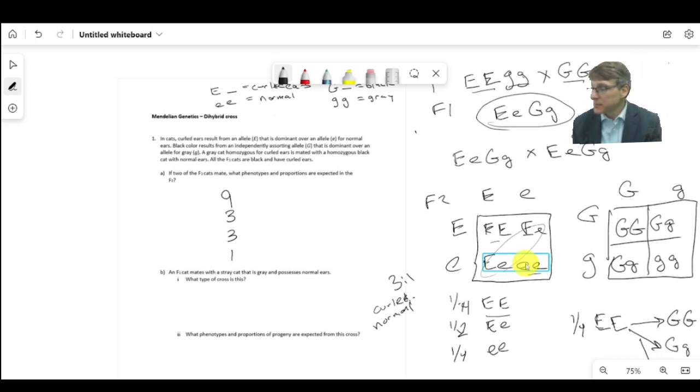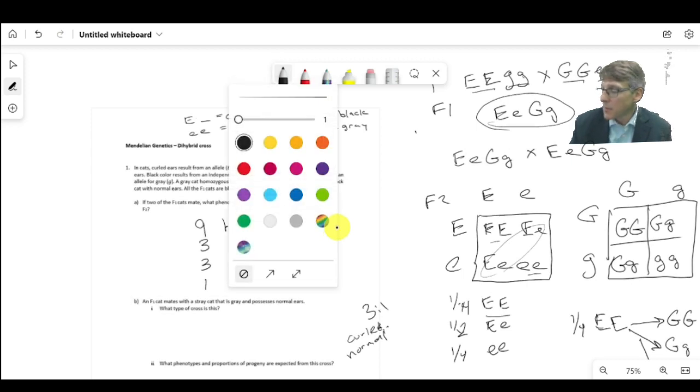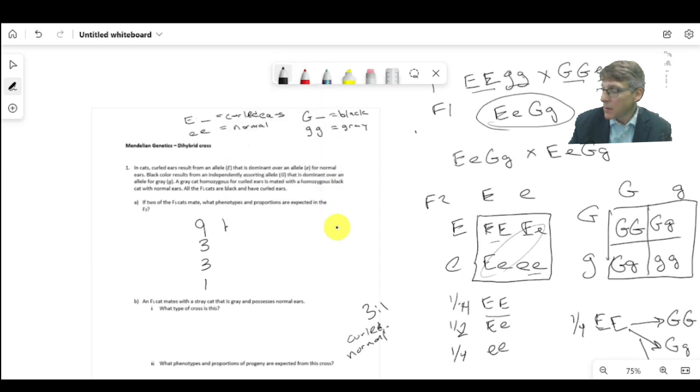9 dominant traits. So remember, the dominant trait is the big E and the big G. So we'd have 9 black curled-eared cats.